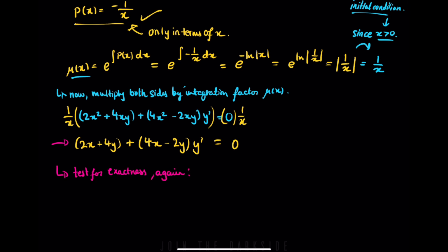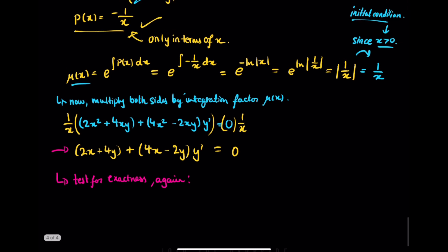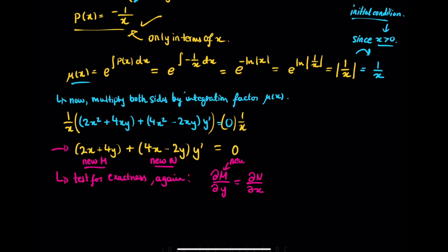Okay, so let's run this test for exactness again. Recall, the test for exactness is the partial derivative of M with respect to y equals the partial derivative of N with respect to x. So this is your new M, and this is your new N. These are the new values that we found that we plug in here.